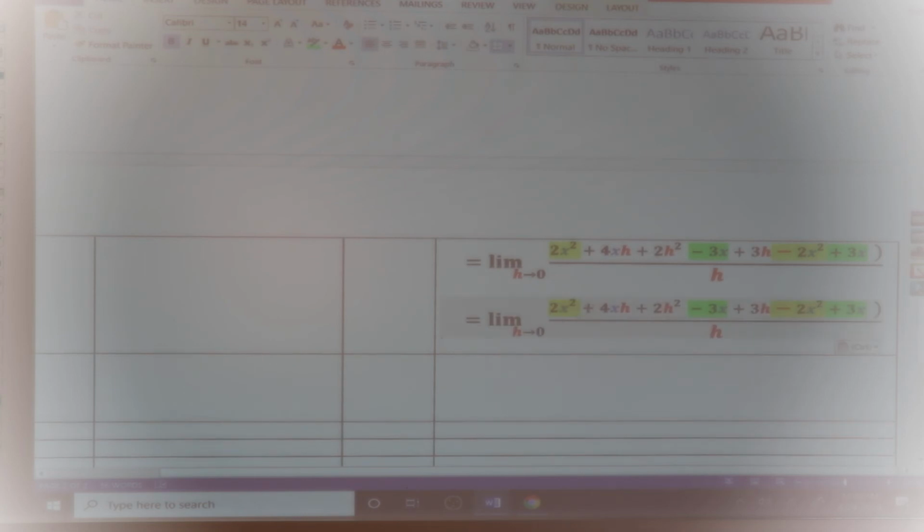What's left? I'm going to copy this. I'm going to delete this. We don't need that because it's canceled already, right? And this one canceled, we don't need it. And this one, we don't need it. You see that? You know why?